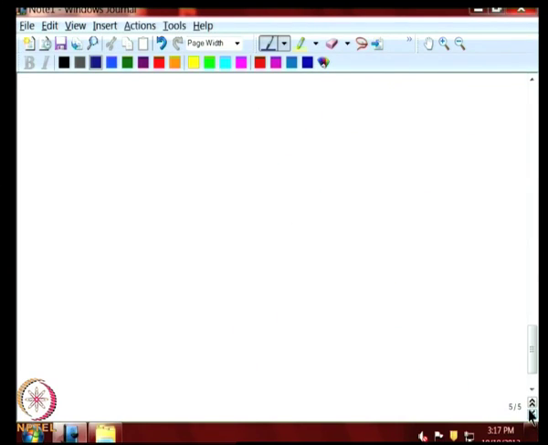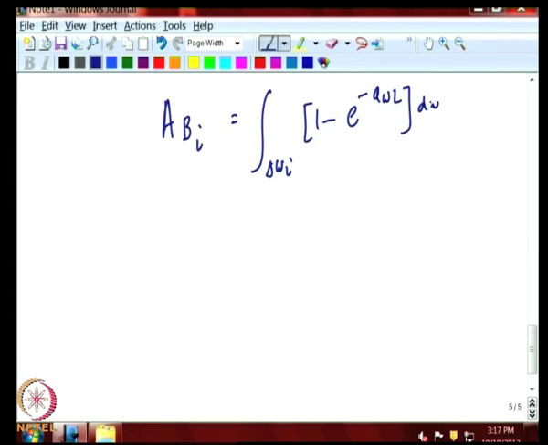So, to remind you, the band absorptance of the ith band is equal to the integration over the ith band of the absorptivity or emissivity of that band only.